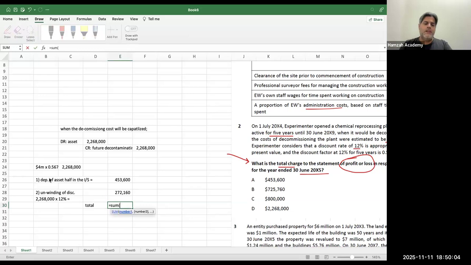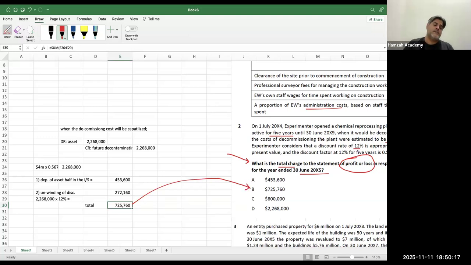So the total is going to be 725,760 here. This total 725,760 is something that we are going to charge into the income statement. The reason being, this is related to the unwinding of discount, that we have to take into account in our local income statement, right?